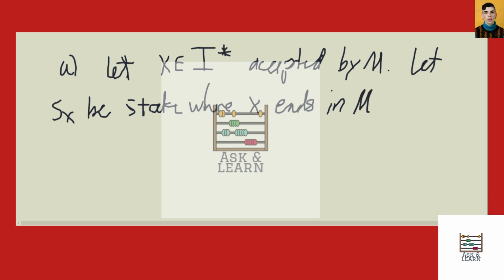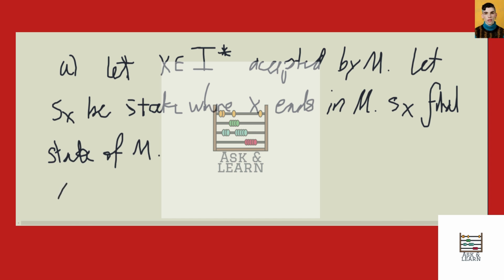The string X ends in machine M. Now, we know that X is accepted by M, so it follows that Sx is a final state of M. And by the construction of M bar, it follows that X will end at the state Sx, the equivalence class containing Sx.